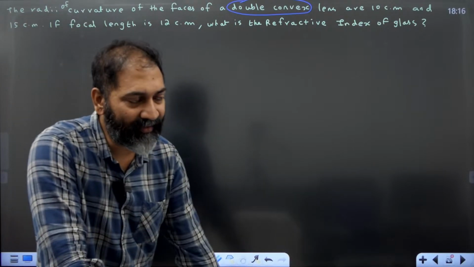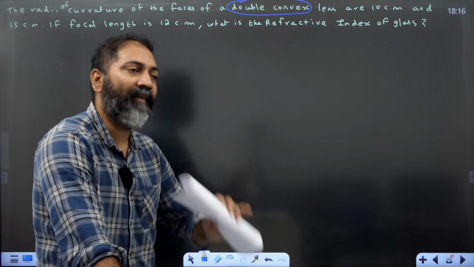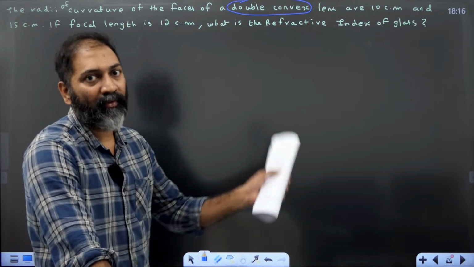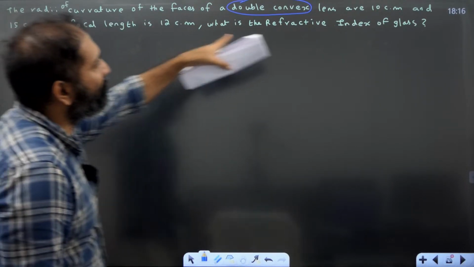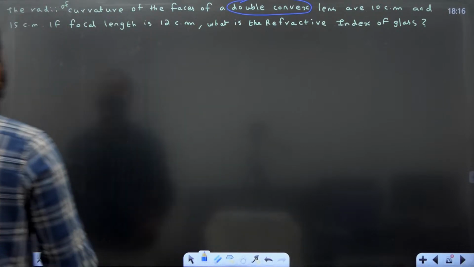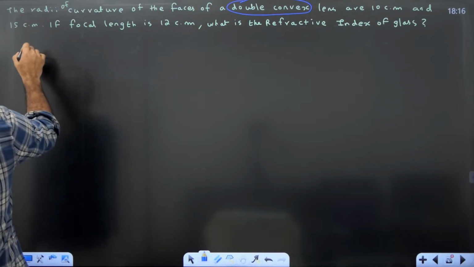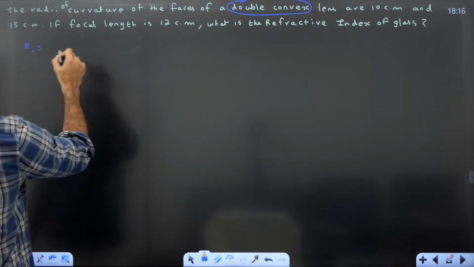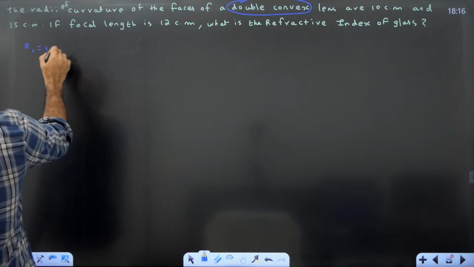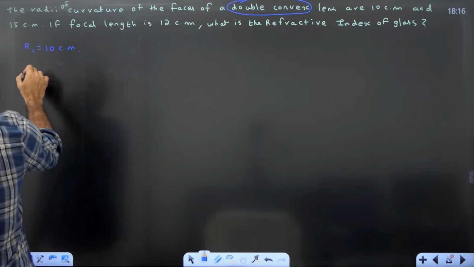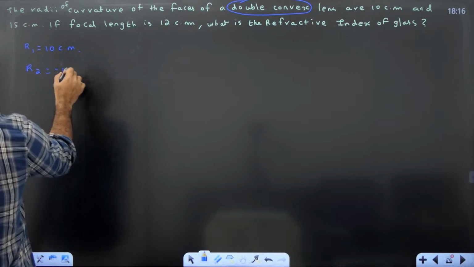A simple convex lens and a double convex lens have the same meaning. So both radii will be different. That is understood from the question because two radii are given. Since it is convex, R1 is positive, which is 10 centimeter. R2 is negative, which is minus 15 centimeter.